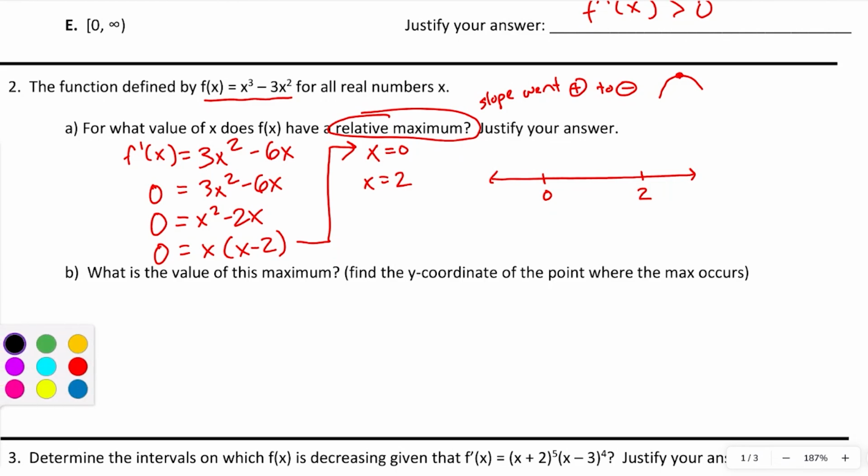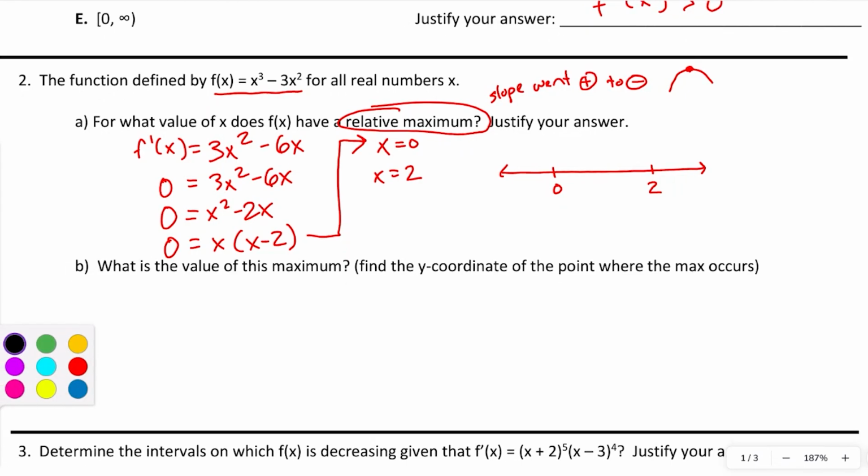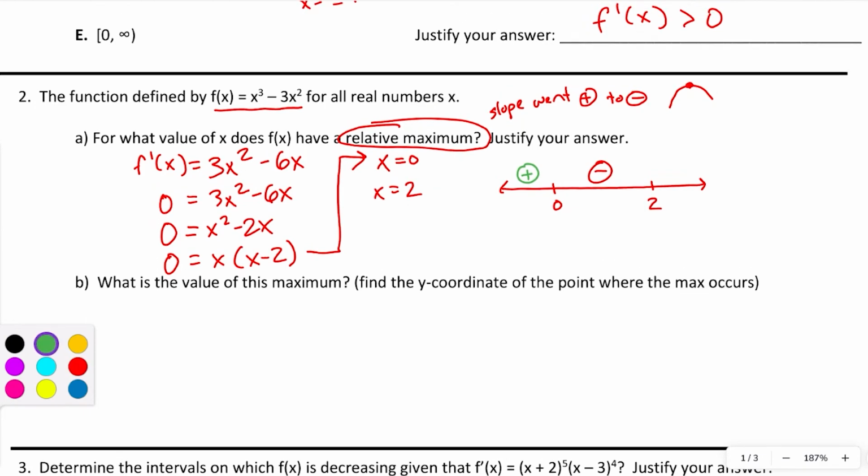If I plug in a negative number for this first interval, I'm going to have a negative times a negative, which is positive. If I plug in 1, I have a positive times a negative, which is negative. And if I plug in a number like 3, I'm going to get a positive times a positive, which is positive. So the slope is positive, followed by a negative slope. And then at 2, I've got a negative slope followed by a positive slope.